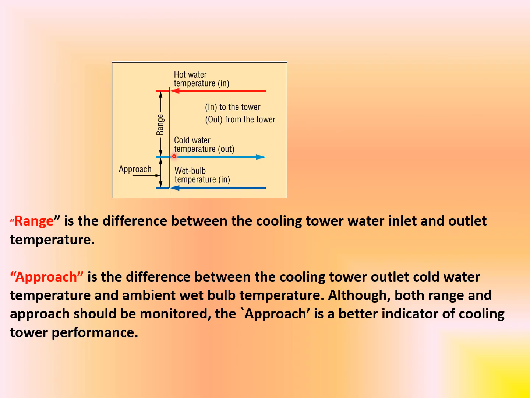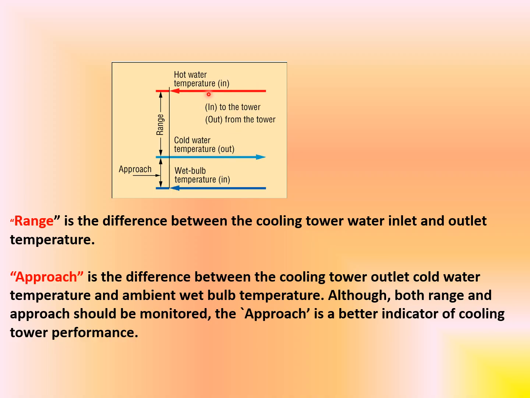Friends, two terms are often mentioned in selection of cooling tower. Range. The range is the difference between the cooling tower water inlet and outlet temperature. Here, this is the hot water temperature, and the range is between this and cold water temperature out.